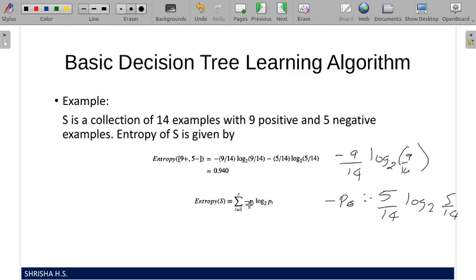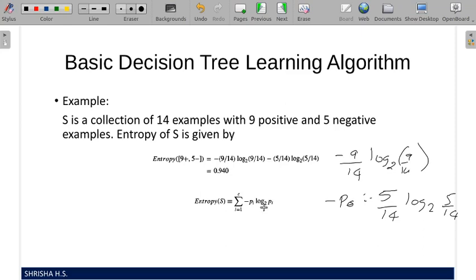We can simplify that: it is a summation of minus p_i log2 p_i. How many types of classification are there? 2 types: one is positive, another is negative. So i goes from 1 to c, where c is the number of target function values, yes or no, 0 or 1.